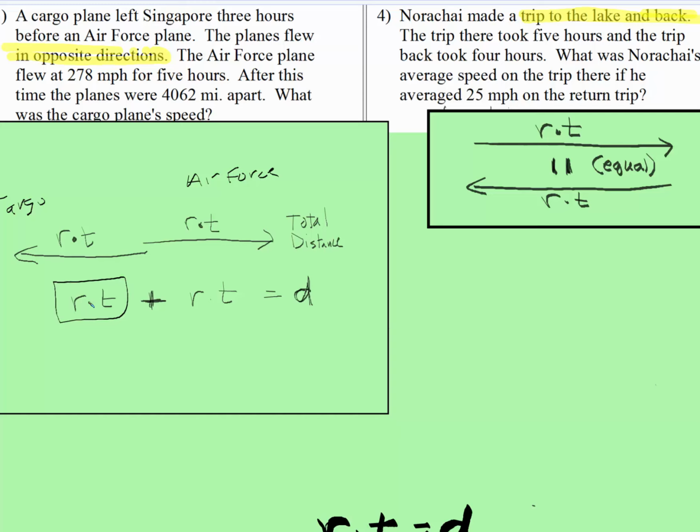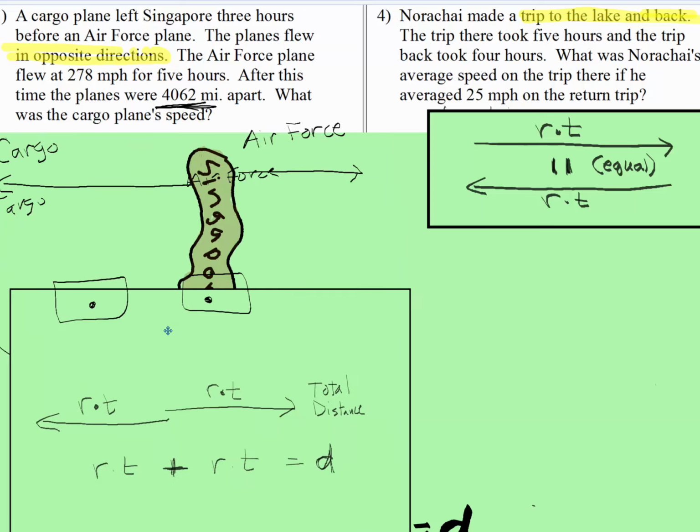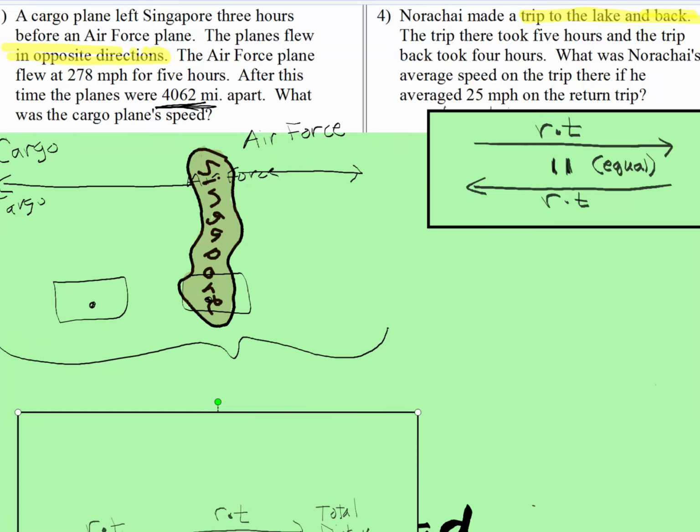So the cargo's rate times time plus the Air Force's rate times time is going to equal the total distance. And notice they give us the total distance. So let me go ahead and see if I can move all that and erase what I just did. Yeah, so there would be the diagram right there, and then you would fill in those other pieces.